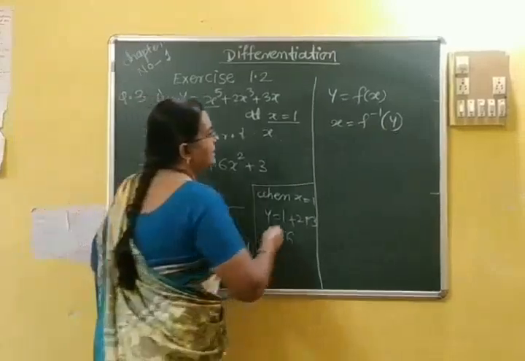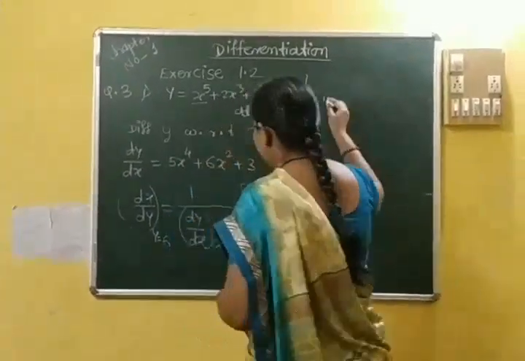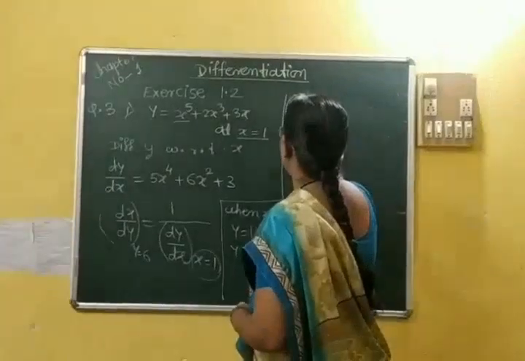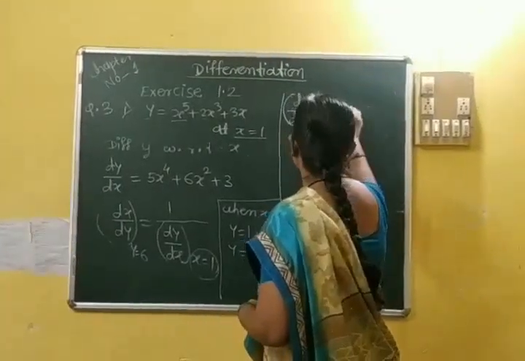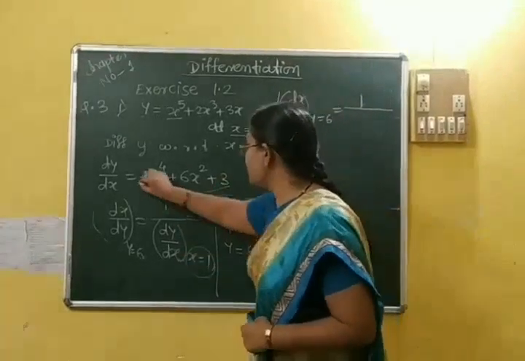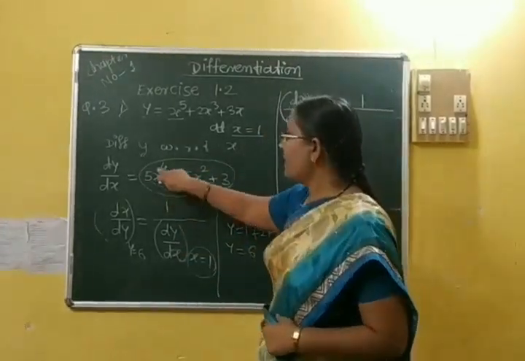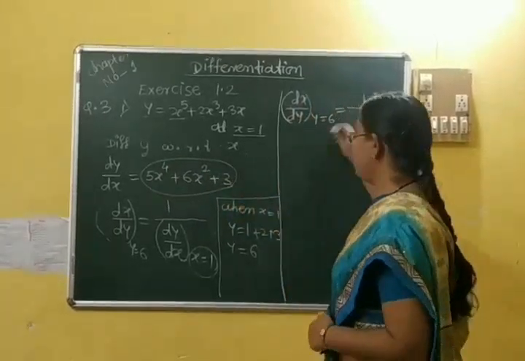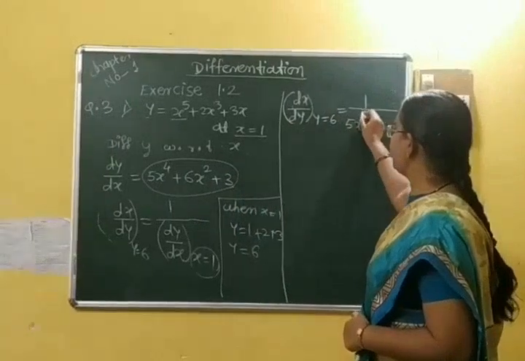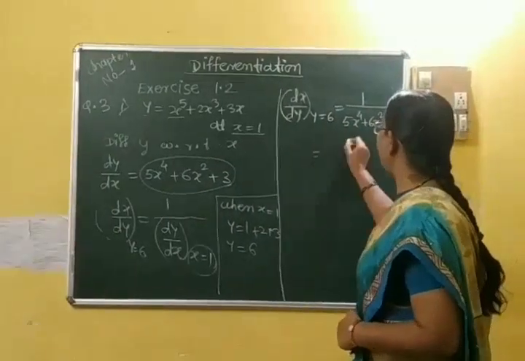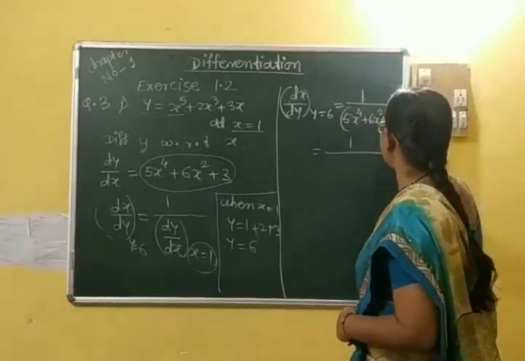Let us see, we have to find dx upon dy at y is equal to 6, that is equal to 1 upon dy by dx. dy by dx is equal to 5x raised to 4 plus 6x square plus 3, and we have to evaluate this at x is equal to 1.